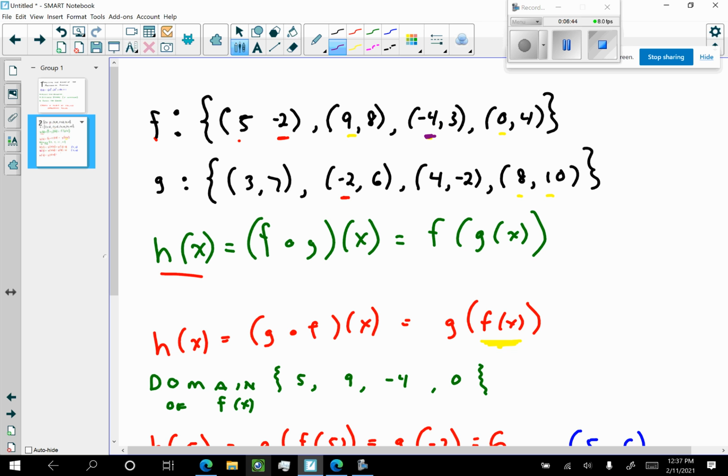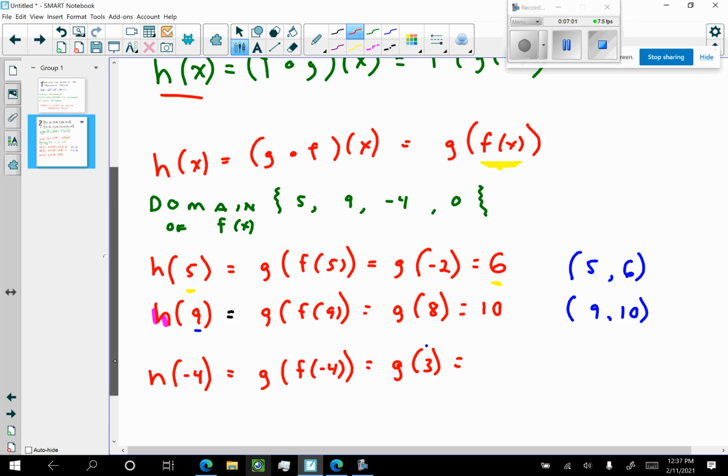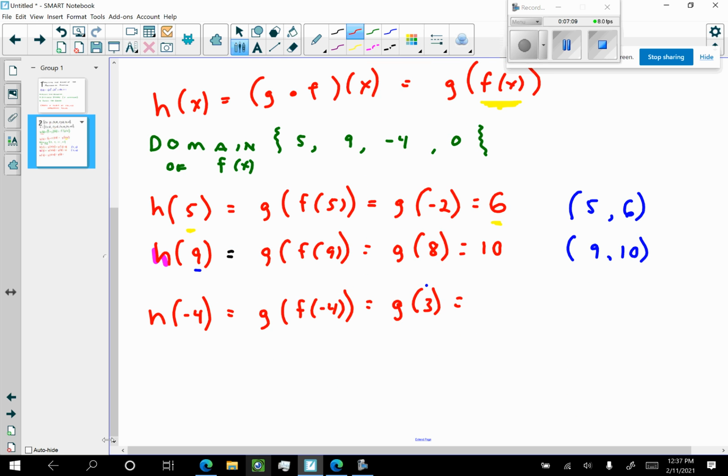If I have an input of negative 4 on f, I have an output of 3. So therefore, this is going to be g of 3. And now I need to see if there is an output for the input of 3 on g. Is there? And right here it is. Bam, 7. So here's my third point on the function g of f of x. Input negative 4, output 7.